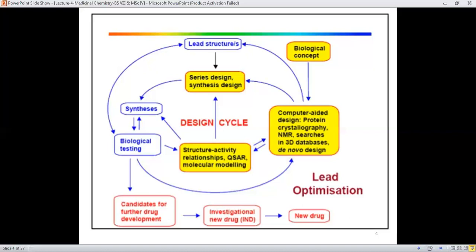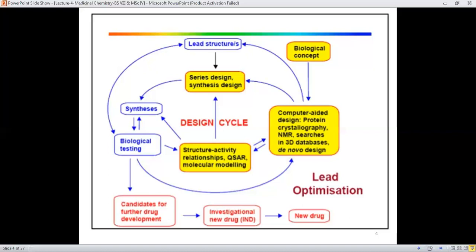And after biological testing, there is a stage to build up the structure activity relationship, or QSAR, quantitative structure activity relationship, and molecular modeling as well.